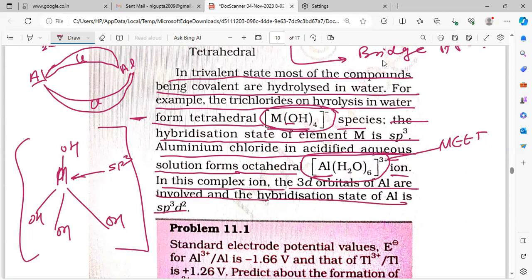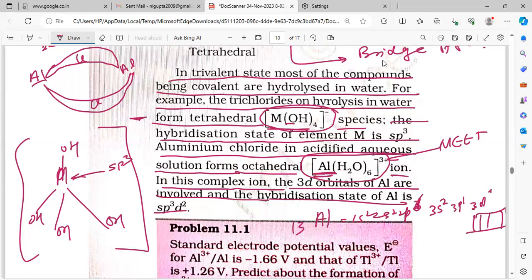I already explained you, Al is 13: 1s2, 2s2, 2p6, 3s2, 3p1, 3d0. So d orbitals are there, and now it can extend.